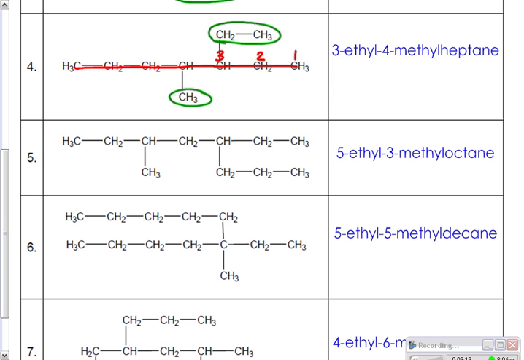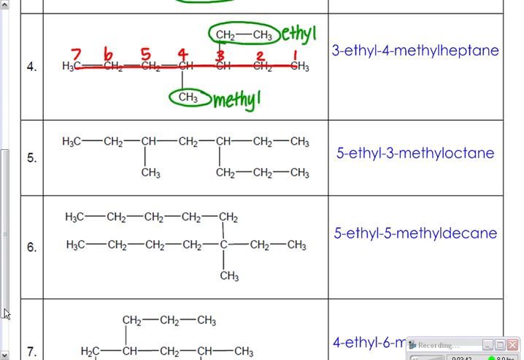So you have to number it from right to left, giving the substituents the numbers 3 and 4. Now, this substituent is a methyl group because it has 1 carbon, whereas this one is the ethyl group. You have to list them alphabetically. So that's why it goes 3-ethyl, 4-methylheptane.